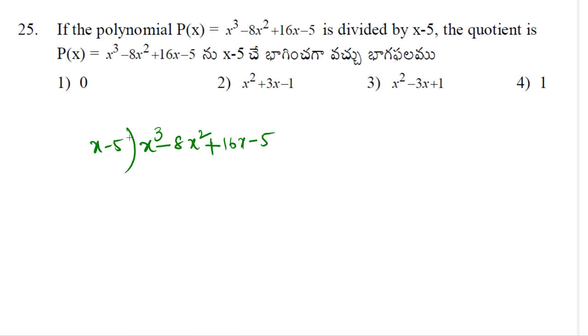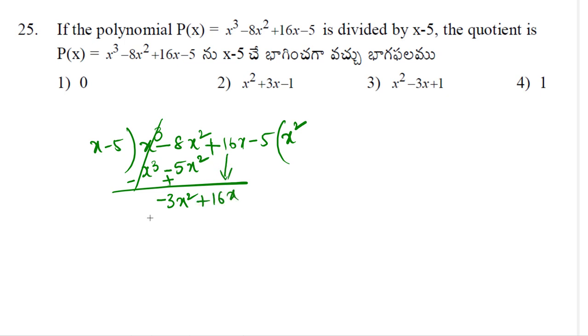We have x cube here. So if you multiply with x square, so x square into x cube, then x square into minus 5, minus 5x square. Subtract. So this will be minus, this will be plus. x cube and minus x cube will get cancelled. Minus 8x square plus 5x square, that will be minus 3x square. Then bring down 16x. So plus 16x.